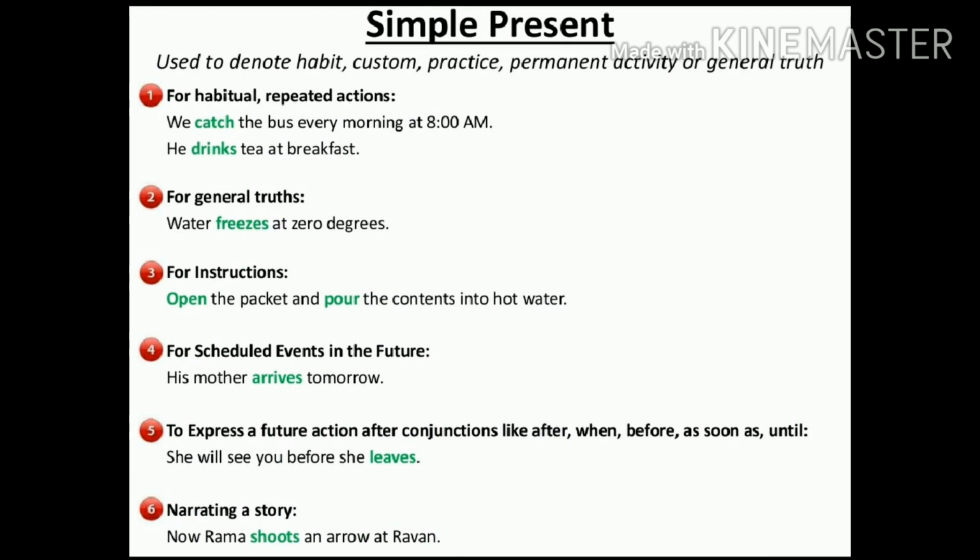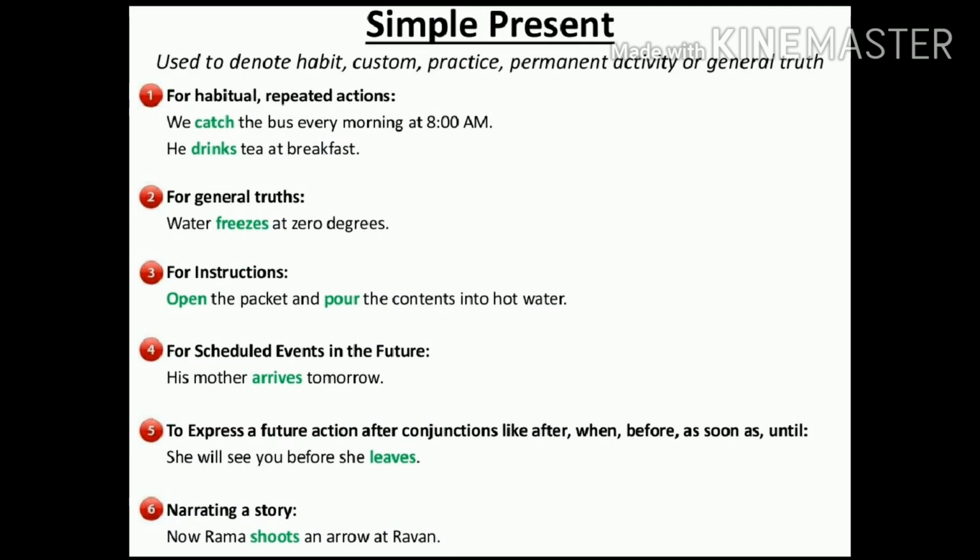Like in this section we are going to learn about present tense, and according to the current slide on your screen we are going to learn about simple present tense. Simple present tense is used to denote habit, custom, practice, permanent activity or general truth.